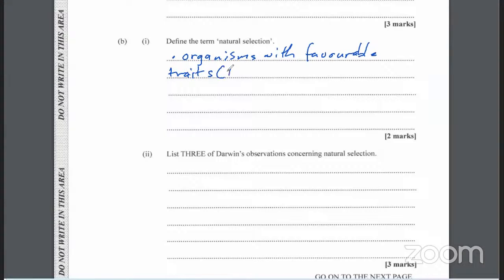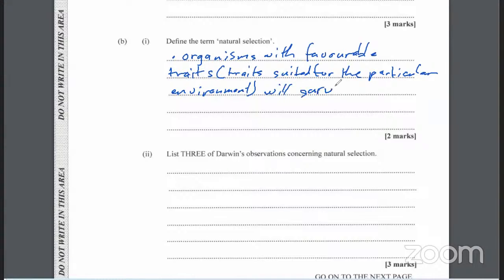Organisms with traits suited for the particular environment will survive, but not only survive. What will they do? Survive and reproduce.